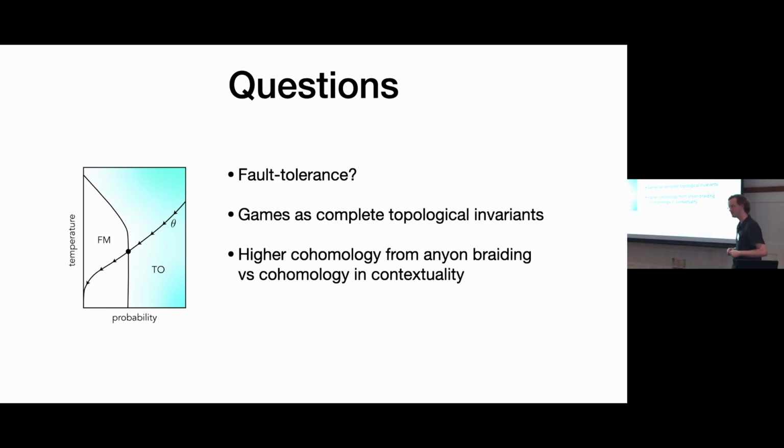So I understand in the GHZ case how the games play: you distribute elements of the GHZ state to the players. I didn't follow how that works for the surface code. Presumably each player only gets a fraction of the pre-agreed state, is that right? Yeah, sorry, I didn't say that. In the surface code game, we play it on different patches, but basically you chunk it up and you say, you get this bit, you get this bit, you get this bit, and also maybe the referee will keep some.